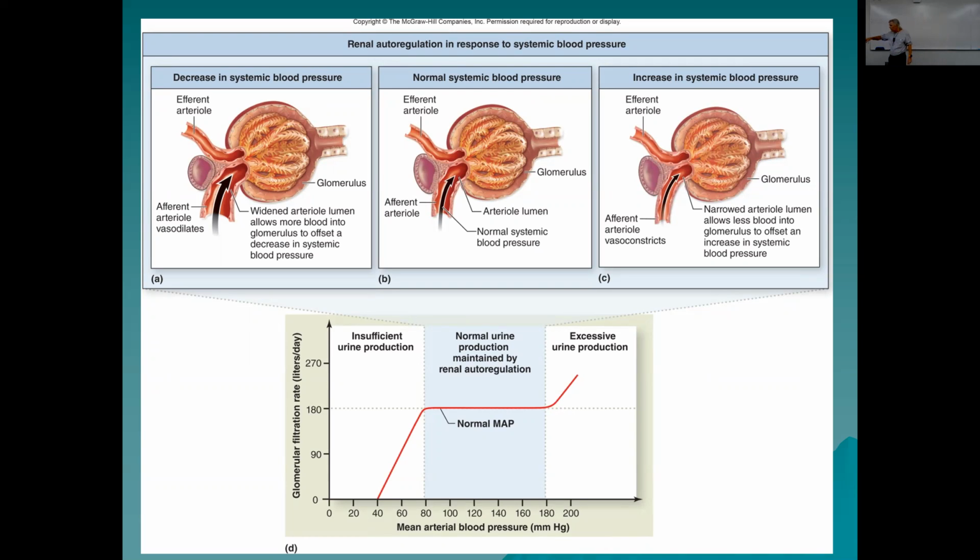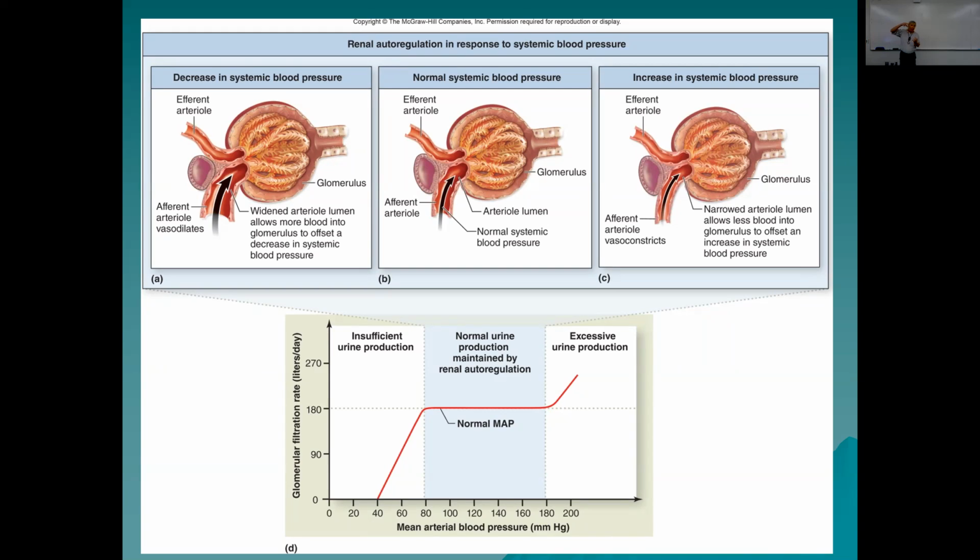So a decrease in systemic blood pressure, on the left, widens arterioles, allowing more blood into the glomerulus to offset a decrease in systemic blood pressure. At normal systemic blood pressure, we have a normal size of the arteriole. An increase in systemic blood pressure narrows the arteriole lumen.